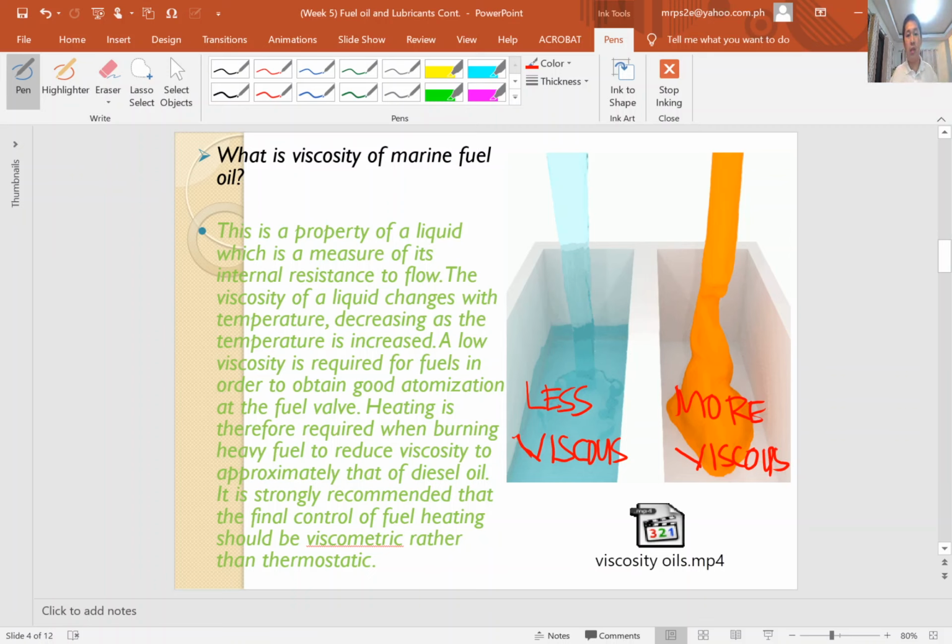So remember the keyword: viscosity is a measure of its internal resistance to flow. That is a keyword.